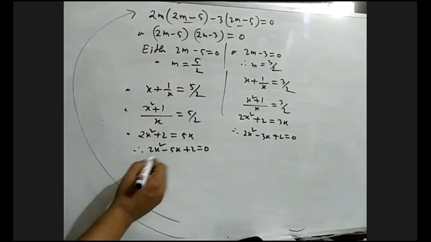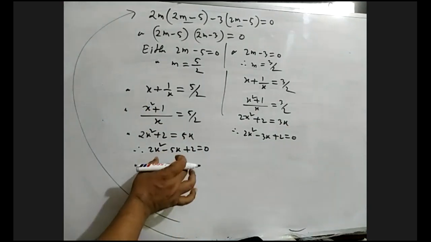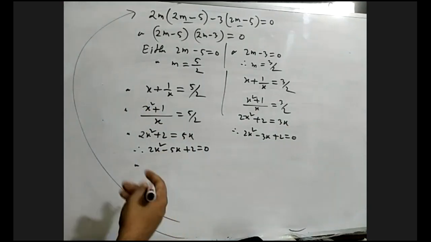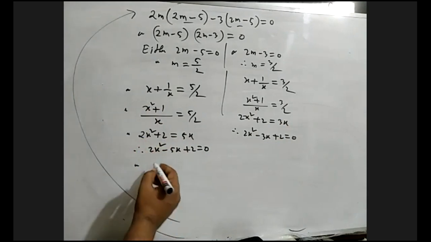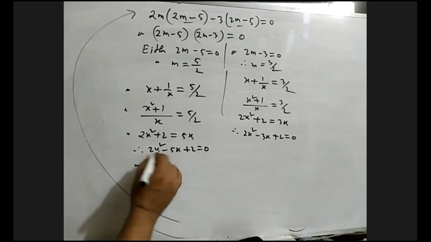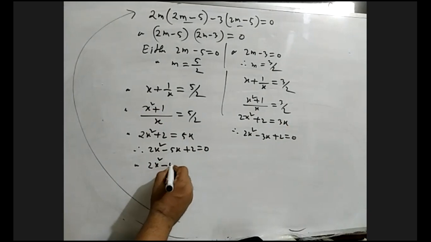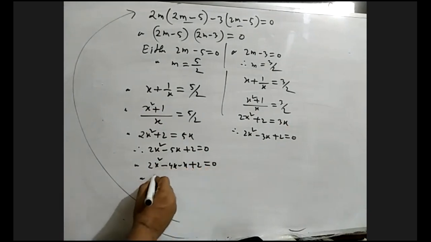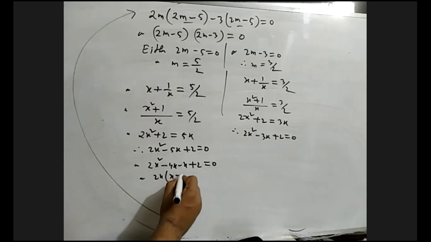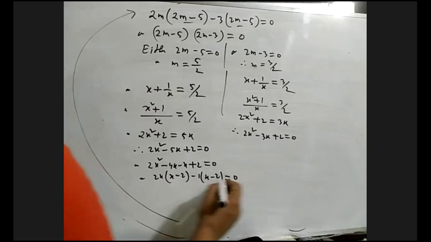Now by solving this equation, this is a quadratic equation, we can use the quadratic formula or the factorization method. So 2 and 2 will be 4. So 4 ones are 4. That means 4 minus x plus 2 will be 0. So twice x will be common, x minus 2, minus 1 will be common, x minus 2.